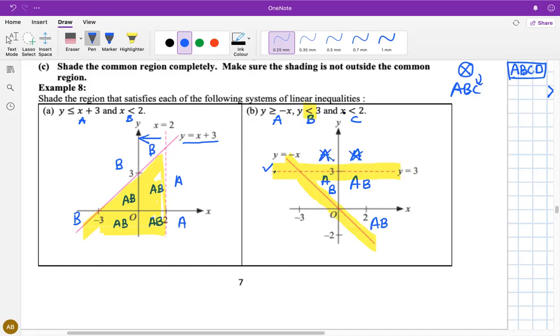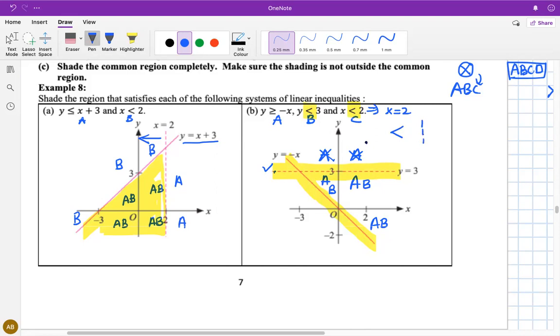Okay, then we go to x less than 2. So where is x equals 2? There is no x equals 2 on the diagram, so we need to draw it out. Do we draw a full line or a dotted line? We refer to the symbol. Remember, for less than, we already learned that we draw a dotted line.